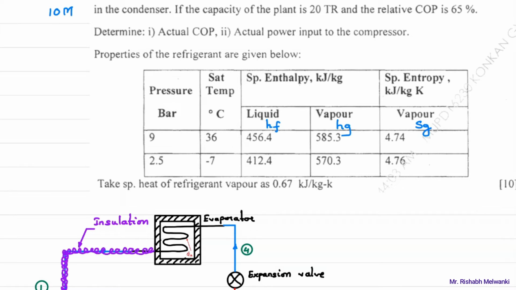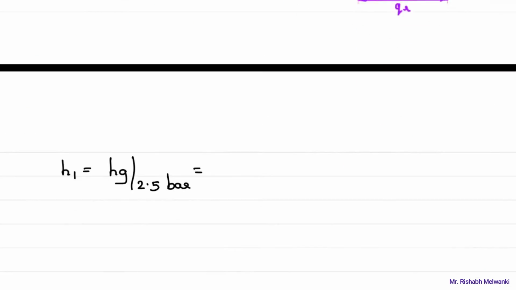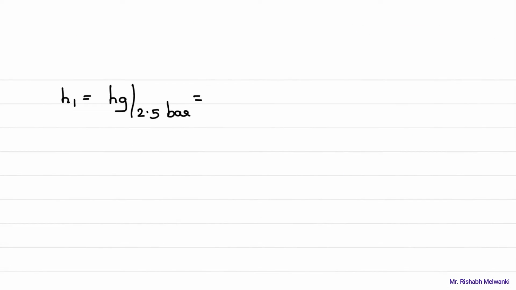Wherever vapor is there, we are using suffix g. So for 2.5 bar, what is Hg? The H1 value is 570.3 kilojoule per kg. Okay, now for the next point.